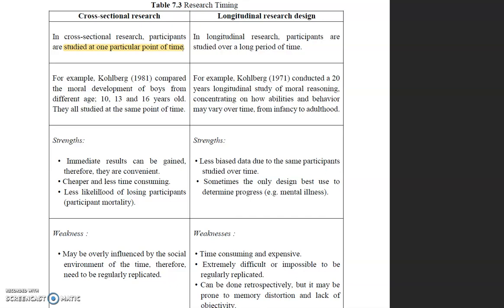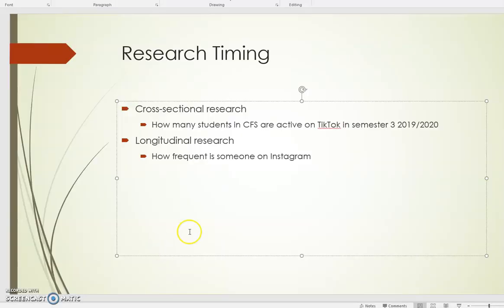The weakness of cross-sectional research is that it may be overly influenced by the social environment of the time. Say, for example, we know for a fact that TikTok is used by a lot of people today. So if we collect this data during this time, we probably have a lot of people using it.